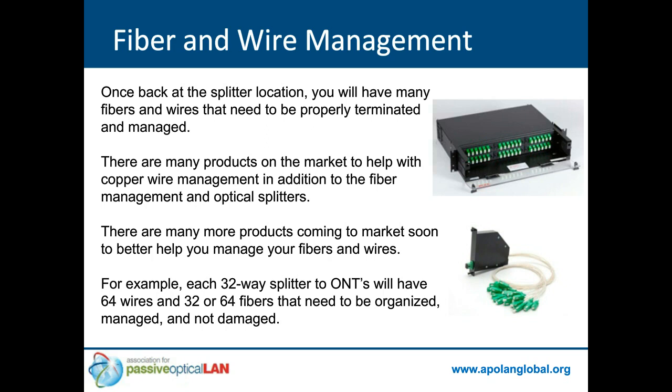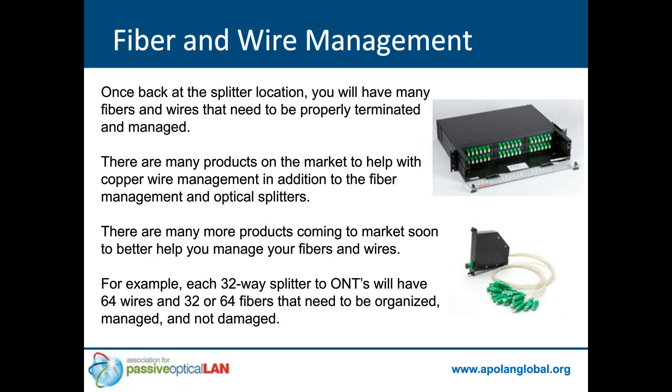There are a lot of products out on the market that will help with this, but to give you a sense of the magnitude of scope, a 32-way splitter is going to have up to 64 wires and 32 or possibly even 64 fibers that need to be organized, managed, and not damaged. So it's a tremendous amount of wire and fiber that needs to be organized, and the fiber and wire management piece cannot be overlooked.